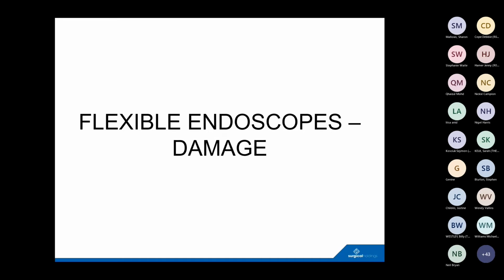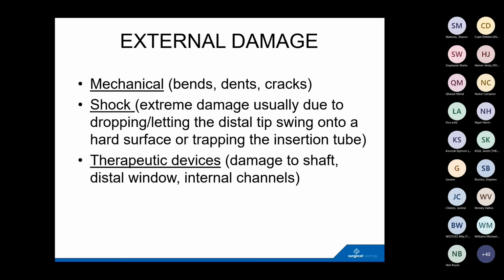And I want to then talk about the main areas of damage that can happen to those large and smaller diameter instruments. Obviously, the problem with smaller diameter instruments is they are, as with rigid instruments, a lot less robust and more likely to be damaged. But let's look at some of the types of damage.